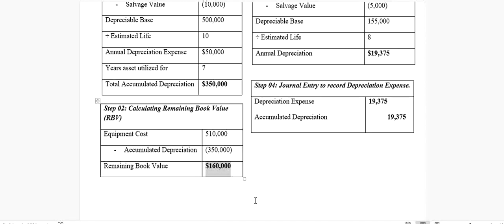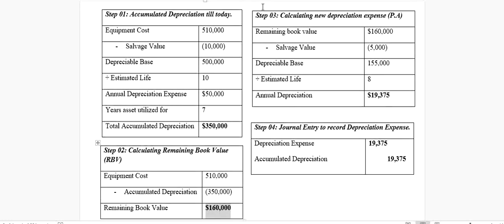We just need to take care of the coming time only. So $160,000 represents the coming time, and based on it we calculated that our annual depreciation would be $19,375. So this was the concept of change in estimate. I hope you got it. Thank you very much, ladies and gentlemen. Stay safe.